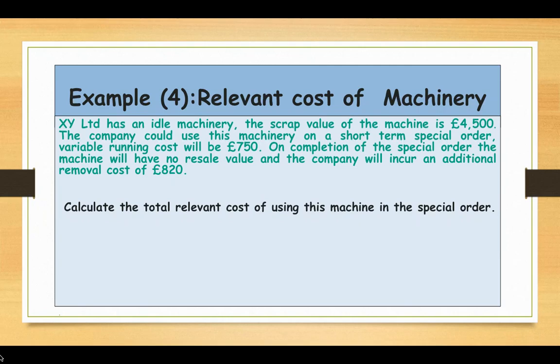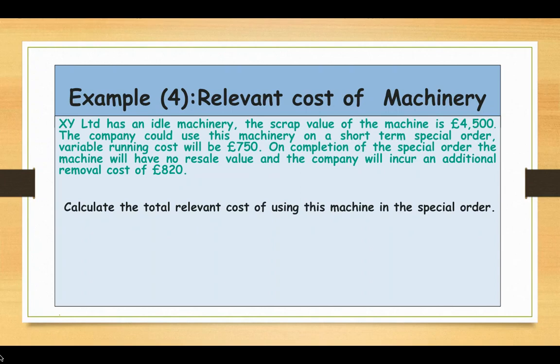Okay, now if you see the scrap value, if you use this machine for this special order, the company is going to lose the scrap value from the machinery. So the scrap value lost by using the machine in the special order, this is an opportunity cost. So the opportunity cost is the scrap value lost, which is £4,500.